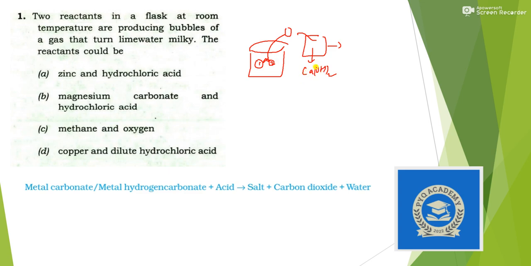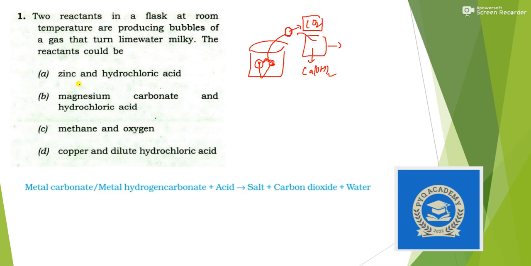So we know that CO2 is a gas which turns lime water milky. Now we need to know which reactants will produce CO2. So let's come to the options.